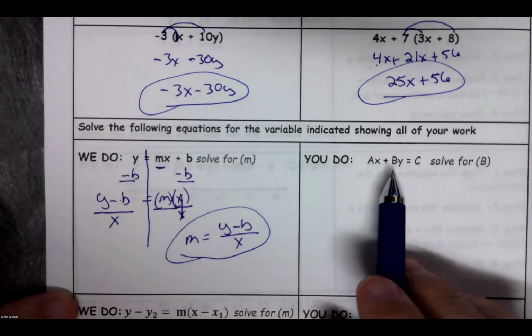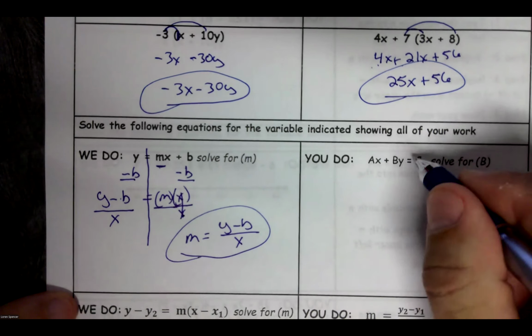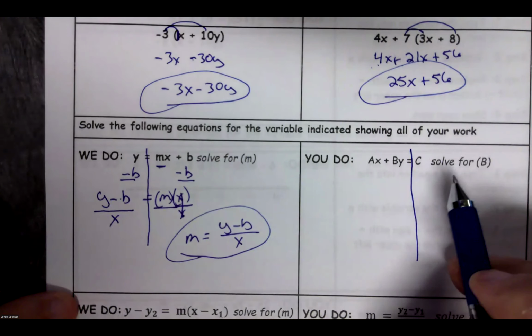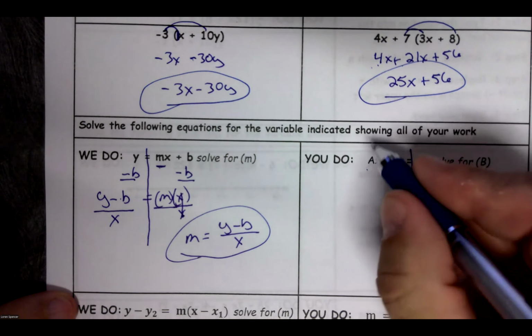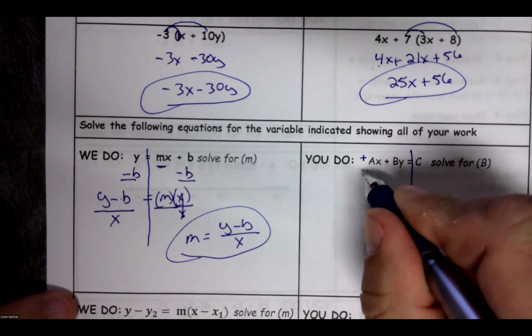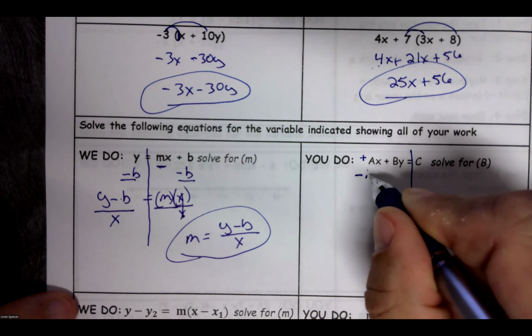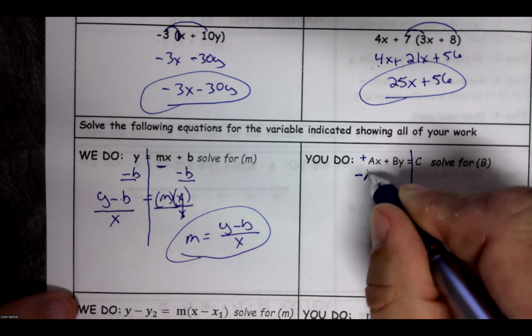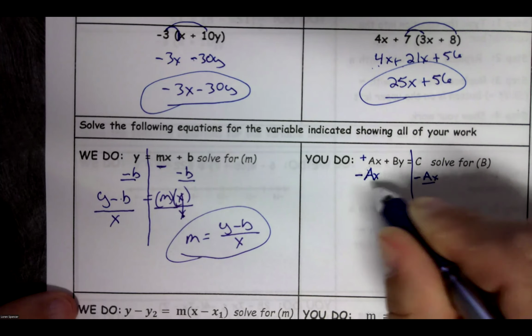Here it says solve for b. Once again, we're going to move the terms that are plus or minus. So I need to move this ax. It doesn't have a plus sign, but we know it's positive because it doesn't have a sign at all. I'm going to do that by doing the opposite, which is a minus ax.